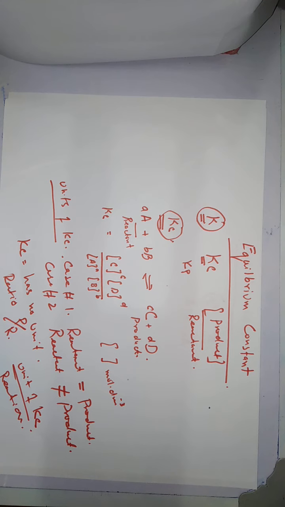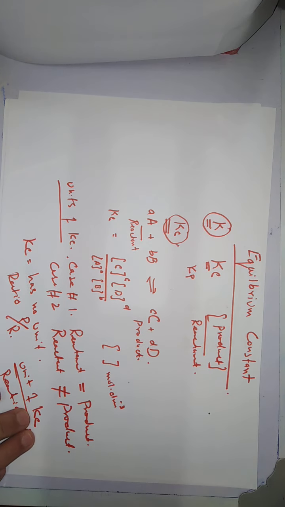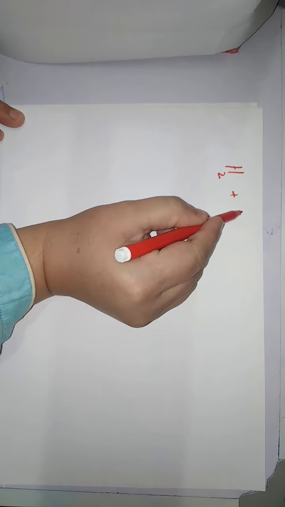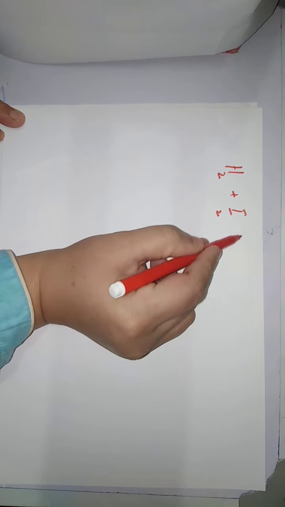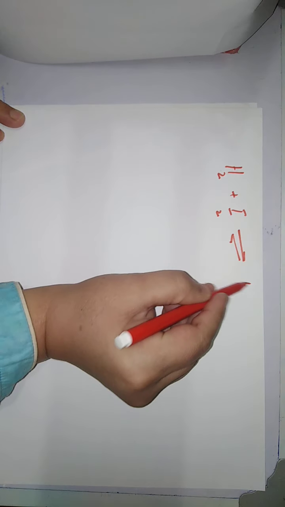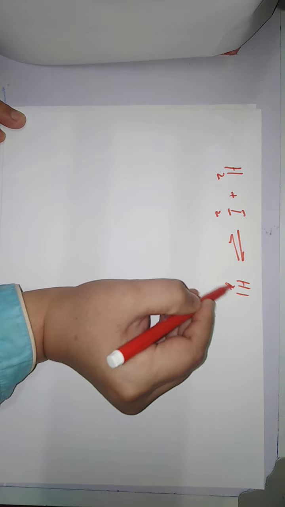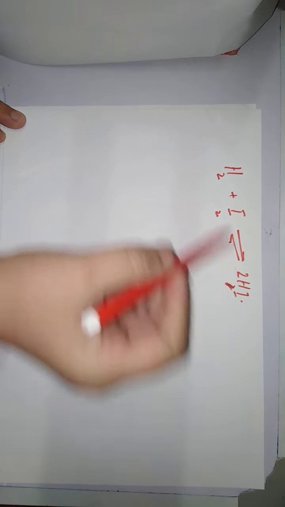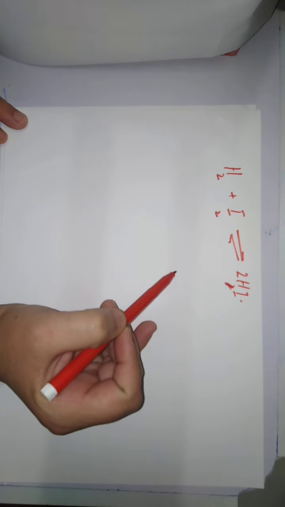Now, we discuss these cases with the help of an example. First, we take the balanced chemical equation. Hydrogen molecule reacts with iodine. In the reversible chemical reaction, it produces hydrogen iodide. 2 is the coefficient that balances this chemical equation.